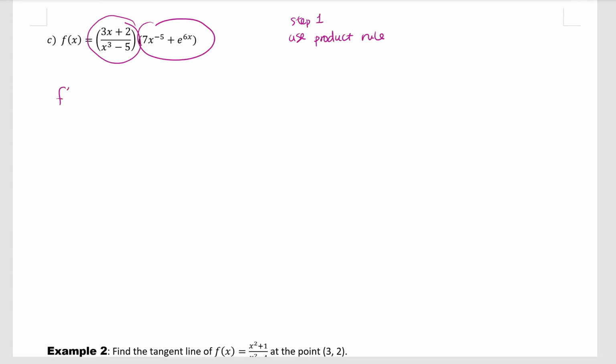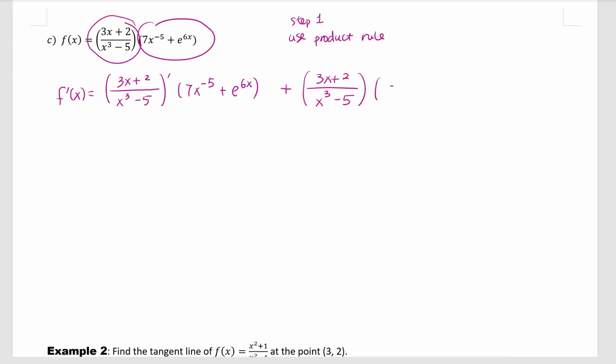So product rule is derivative of the first guy times second guy plus first guy times the derivative of the second guy. See, we write down the product rule.